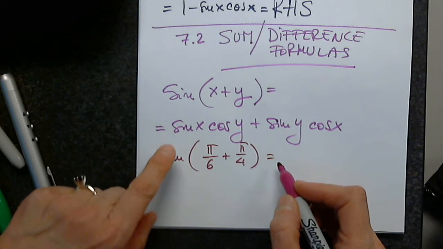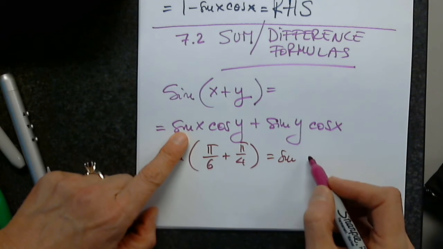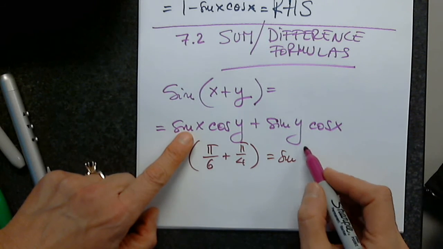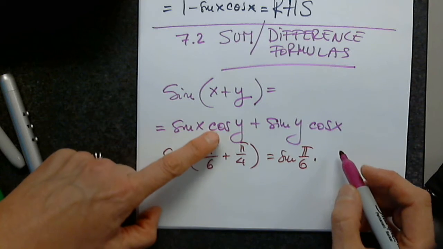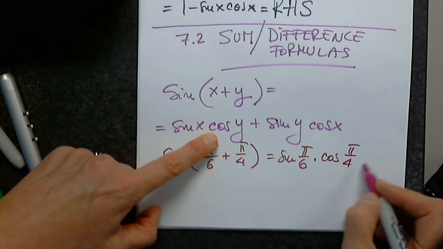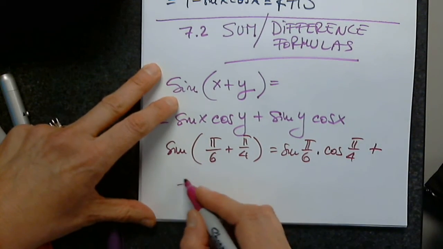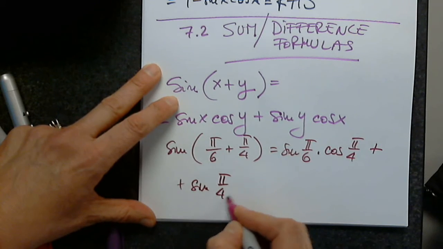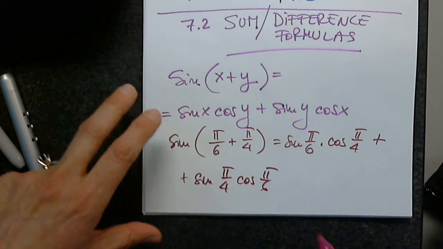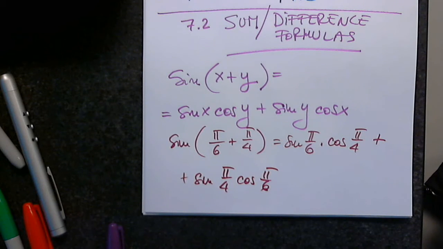I will have to replace it by sine pi over 6 times, yes, plus the reversed, sine pi over 4, cosine pi over 6. I know all these numbers. I will plug them in, and I will get the sine of whatever that is, 7 pi over 12, which otherwise I would have had to use a calculator for, because I don't know what 7 pi over 12 is.